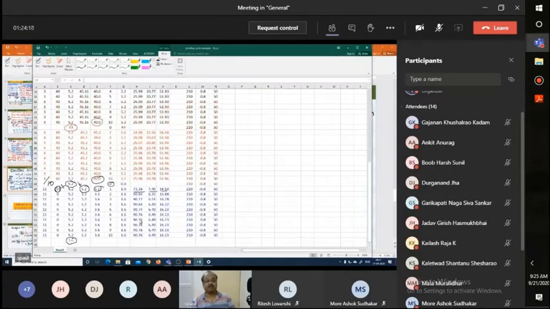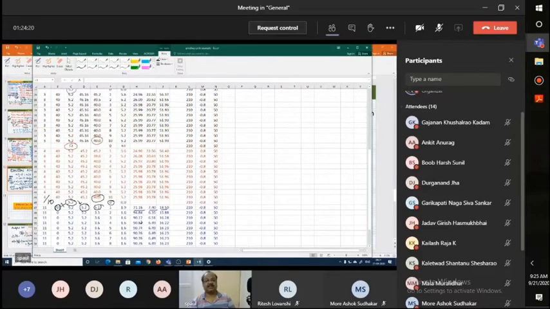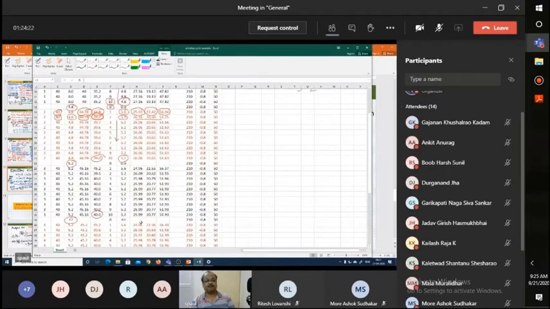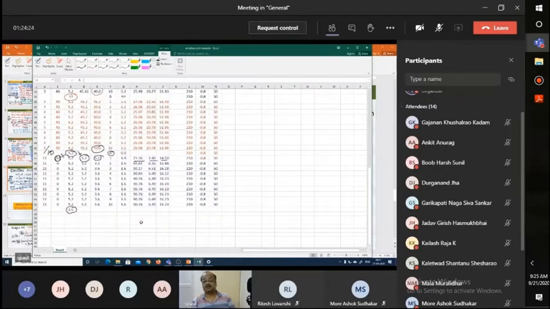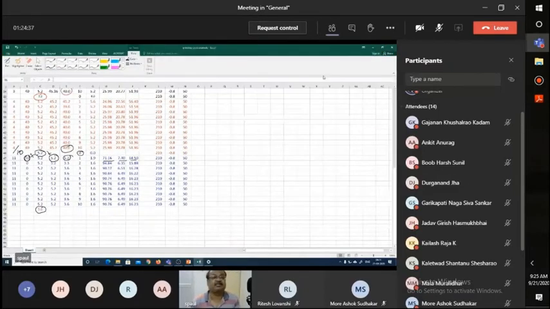Okay, so in this way, using Excel and the numerical approach, one can solve the entire problem. One can solve the grinding simulation. And if one solves the grinding simulation problem, what would happen? He will get this kind of graphs.